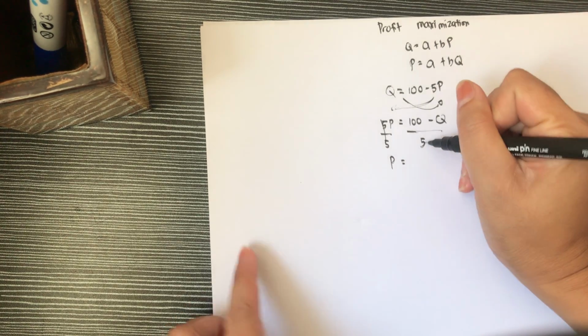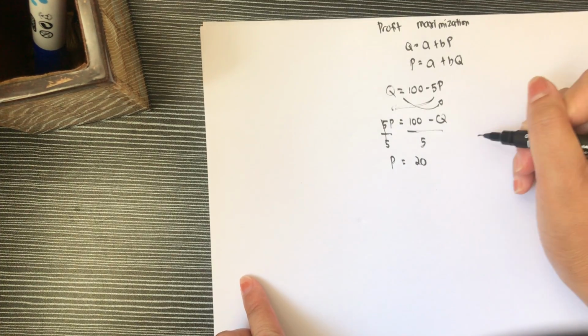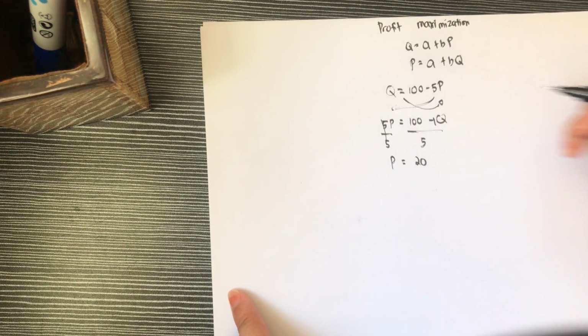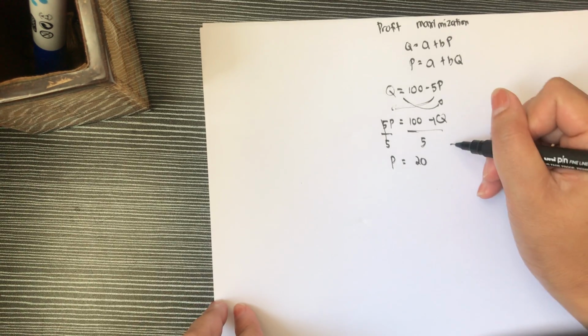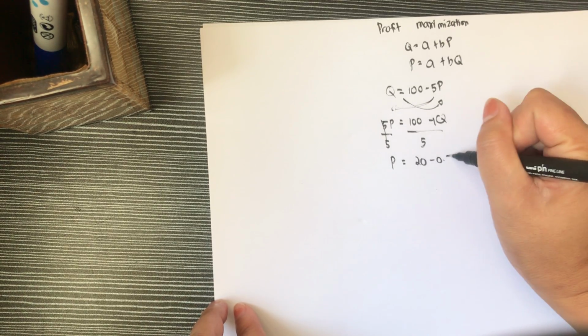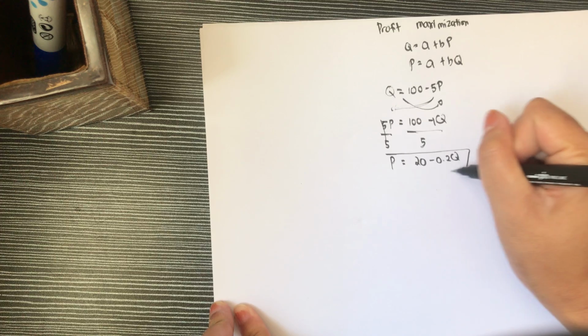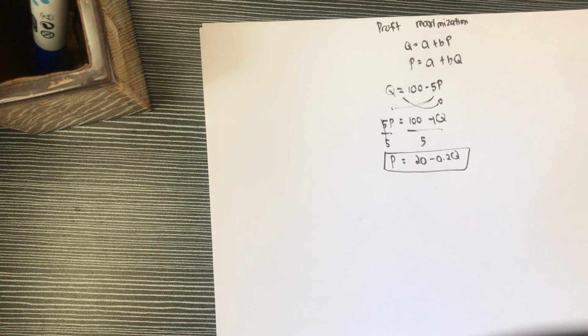Very good. 100 divided by 5 is 20, and this, of course, has a coefficient of 1. So negative 1 divided by 5 is negative 0.2Q. So you now have your inverse demand function equation.